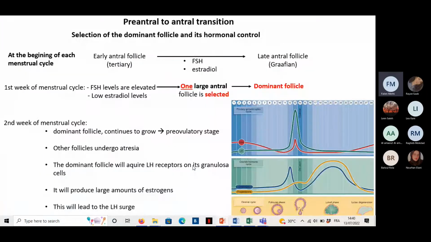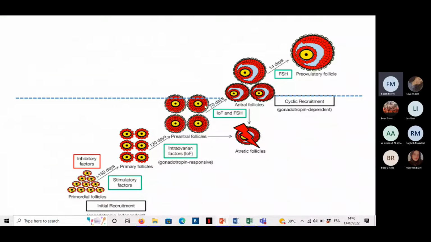Okay. Now, the secondary follicles will develop to give antral follicles. This development of the secondary follicles into antral follicles can occur under the action of FSH because they start to express FSH receptors now. Those secondary follicles can respond to the action of FSH, but they can also develop to give antral follicles independently of the FSH, under the action of intra-ovarian factors, so under the action of some cytokines produced by the follicle itself.